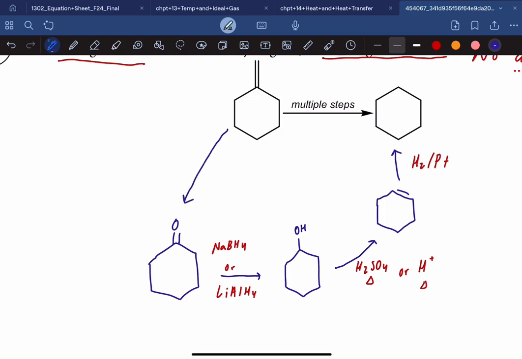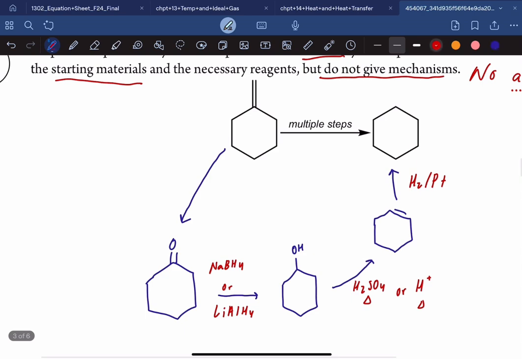And this is actually a one-step process. If you remember, what is the reagent that cuts double bonds in half and puts O's on both sides like this? And that reagent is called O3. It's ozonolysis basically, O3.